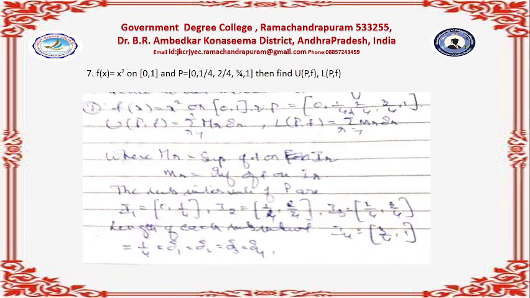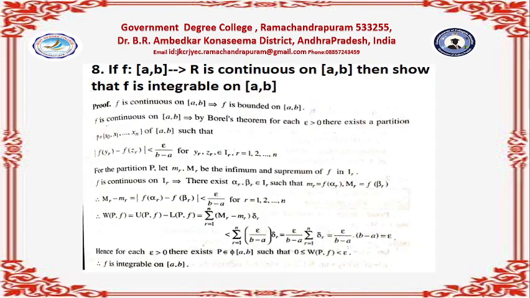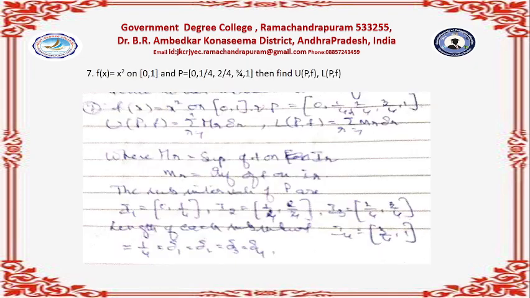Now question number 7. F of x is equal to x square on the interval 0 comma 1, and P is a partition. How is the partition given? The interval 0, 1 is divided as 0, 1 by 4, 2 by 4, 3 by 4, 1.